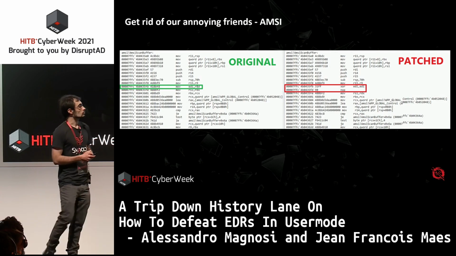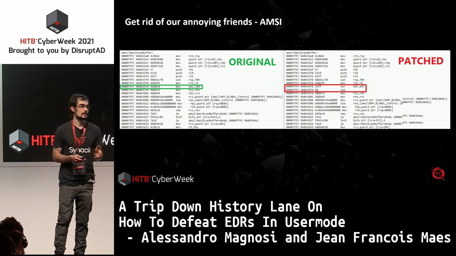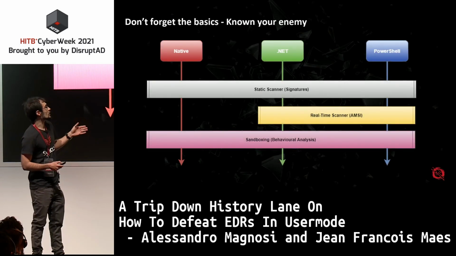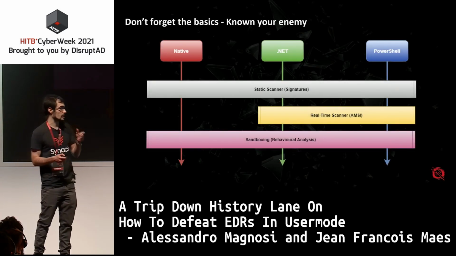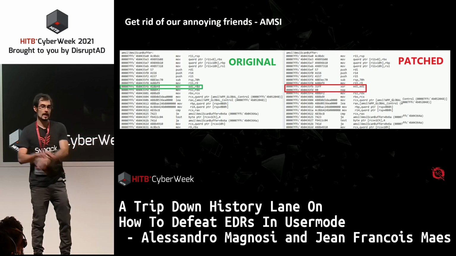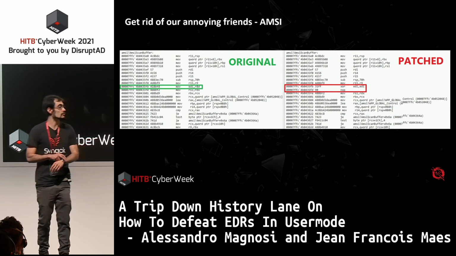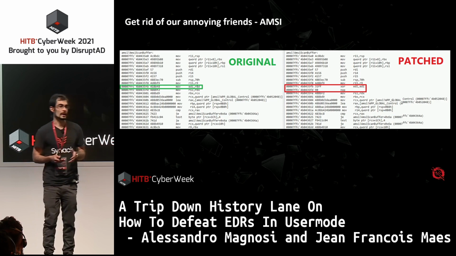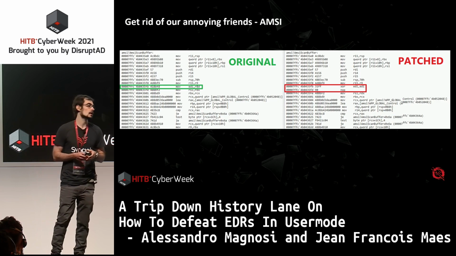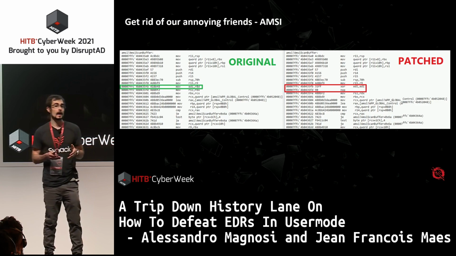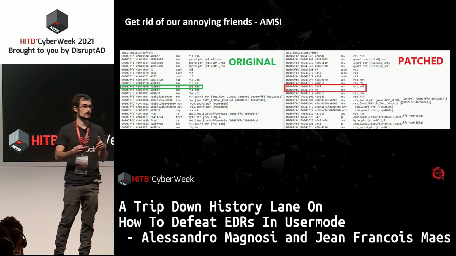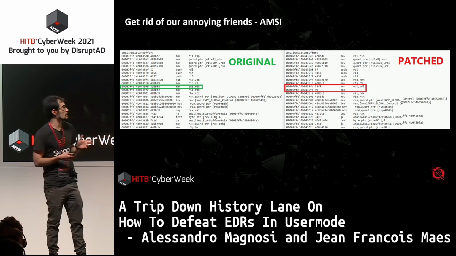And so, how can we bypass the real-time scanner? The technique, as John was saying before, is in-memory patching. We just need to open a handle to our own process, detect AMSI in memory, and detect the location of the function that is actually executing the scan, which in this case is AmsiScanBuffer.